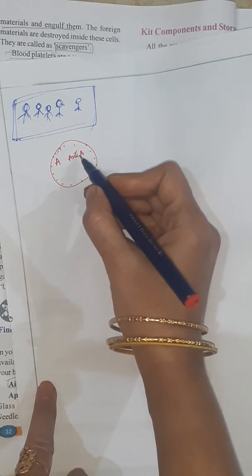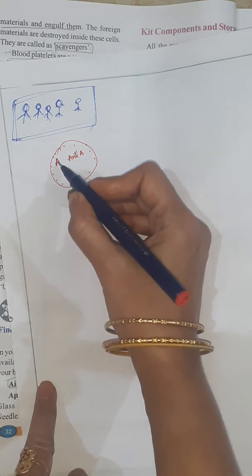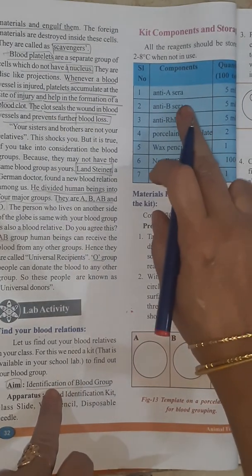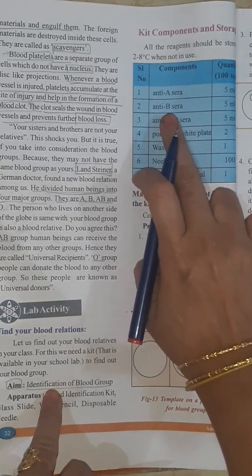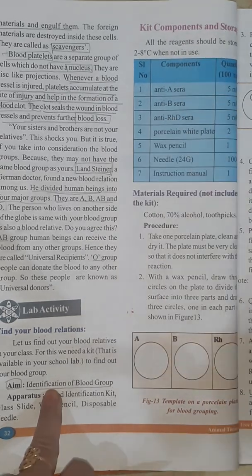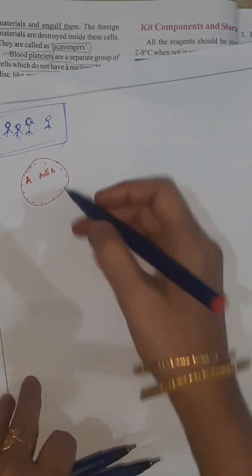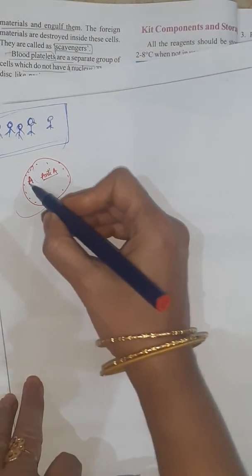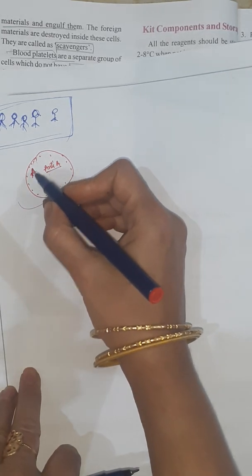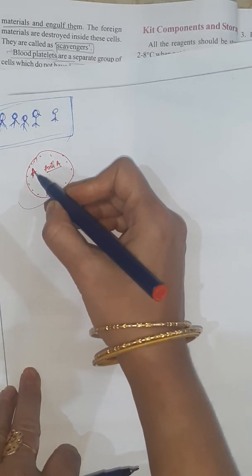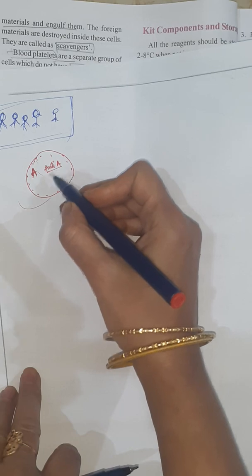Anti-A means opposite of A. In the kit, anti-A means opposite of A group, anti-B means opposite of B group. In our body too, if you are A group, you have A antigen and anti-A also.